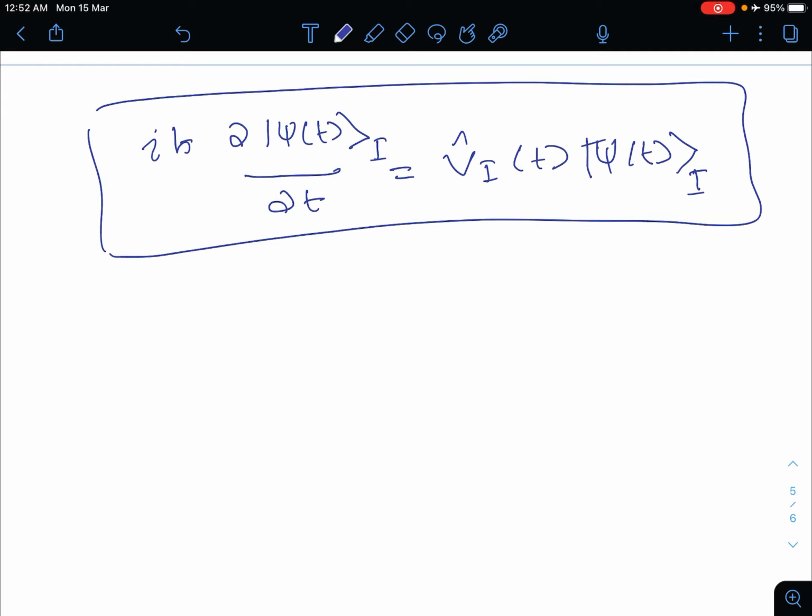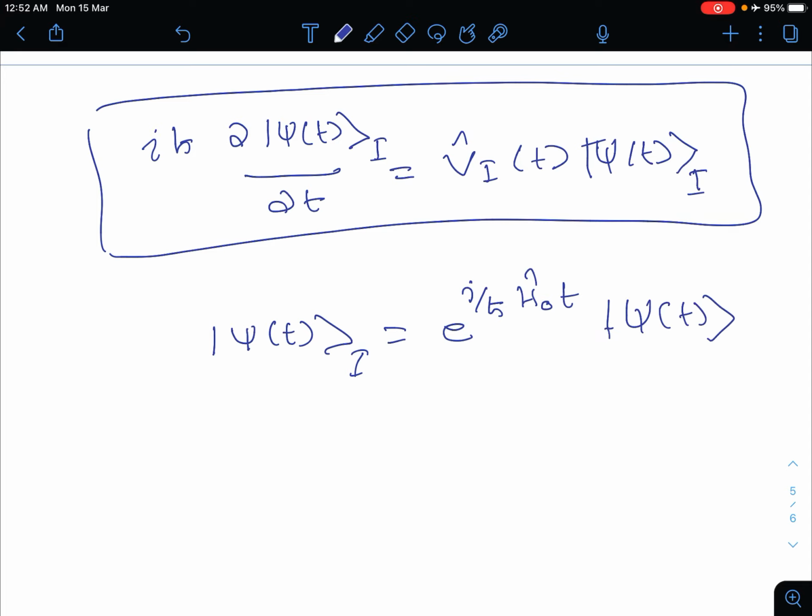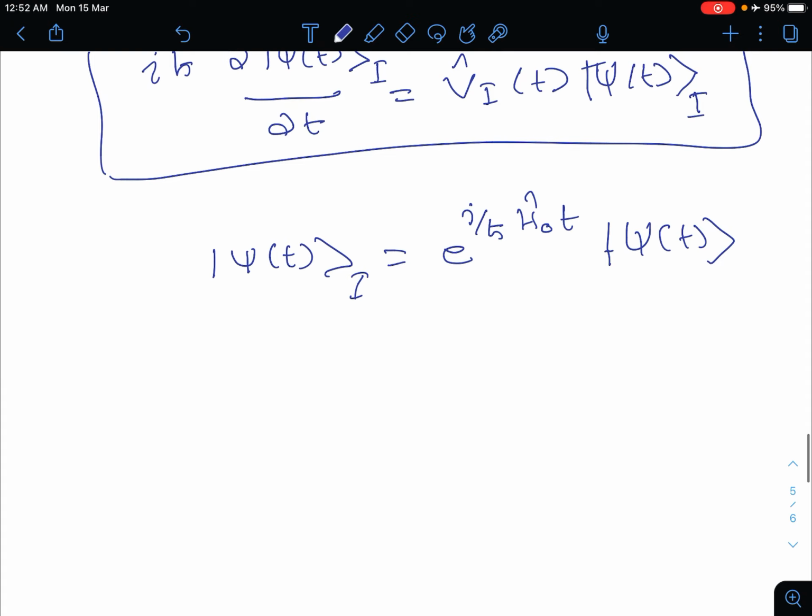What I'm going to do is, we know that psi of t in the interaction picture is equal to e raised to i by h cross H0 t times psi of t.